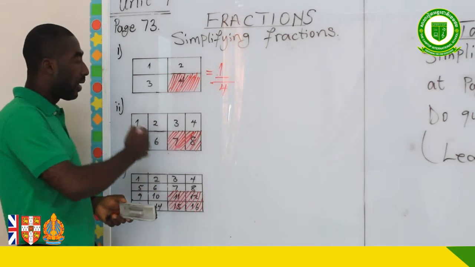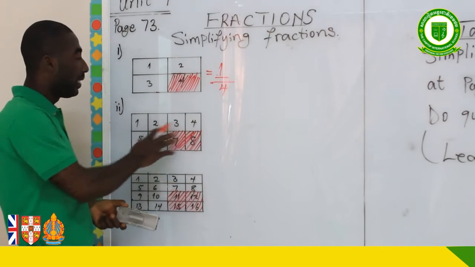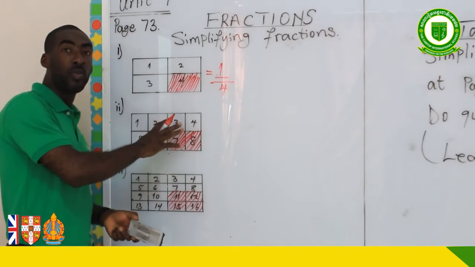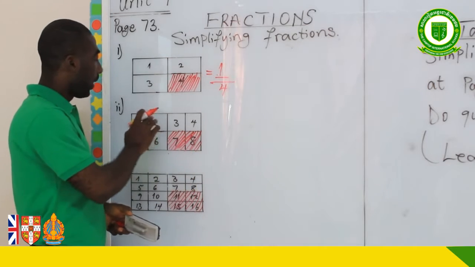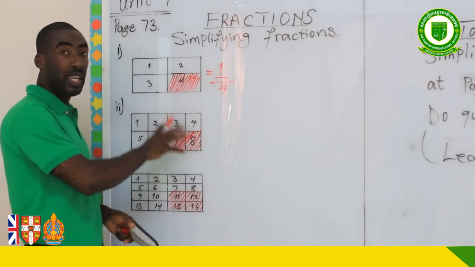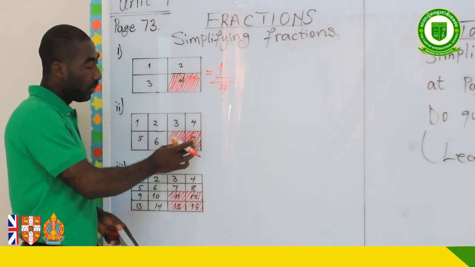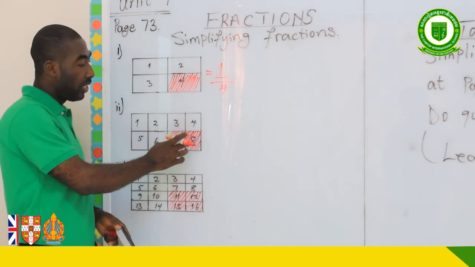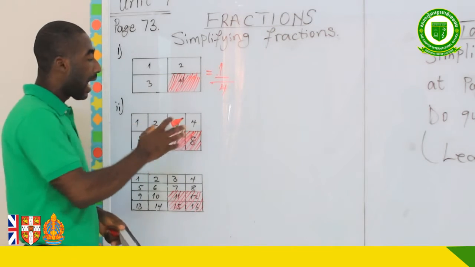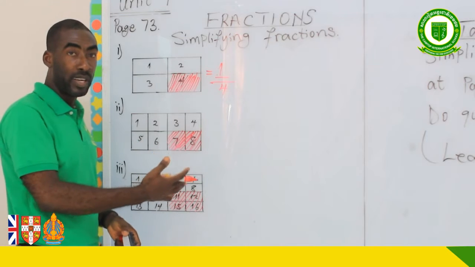It's the same one whole rectangle or one whole item that has been divided into 8 smaller sections. So each section represents one portion of the 8 portions. So to take a fraction of what has been selected red, it means we are taking 2 out of the 8 smaller boxes over here.